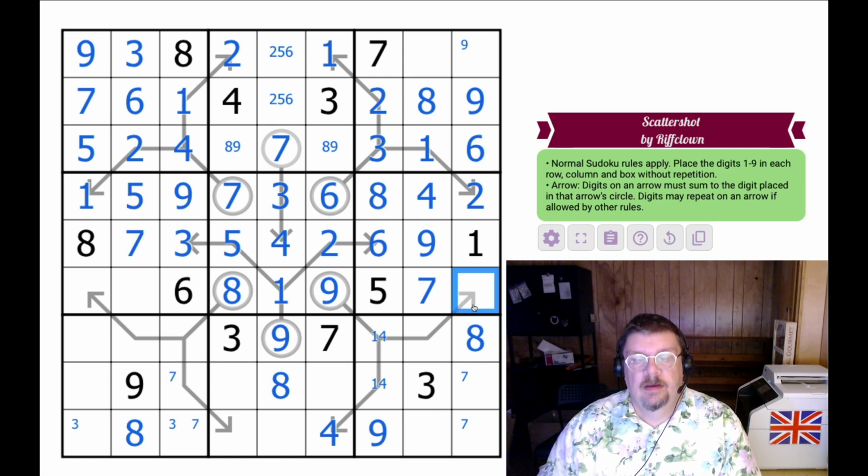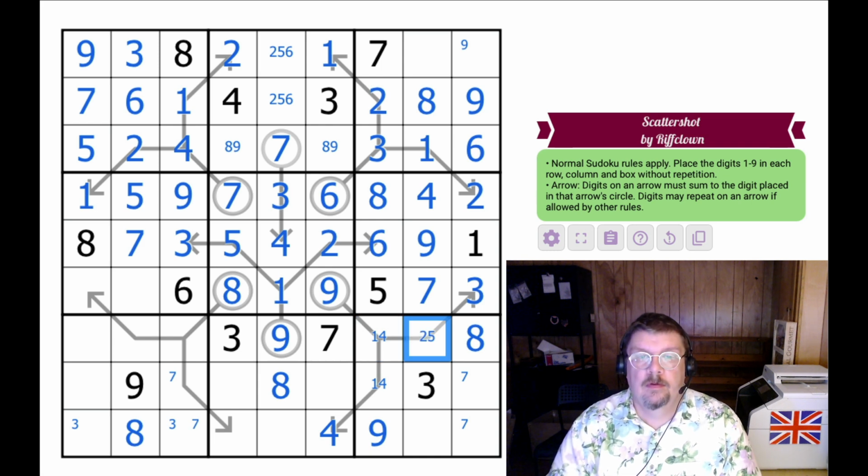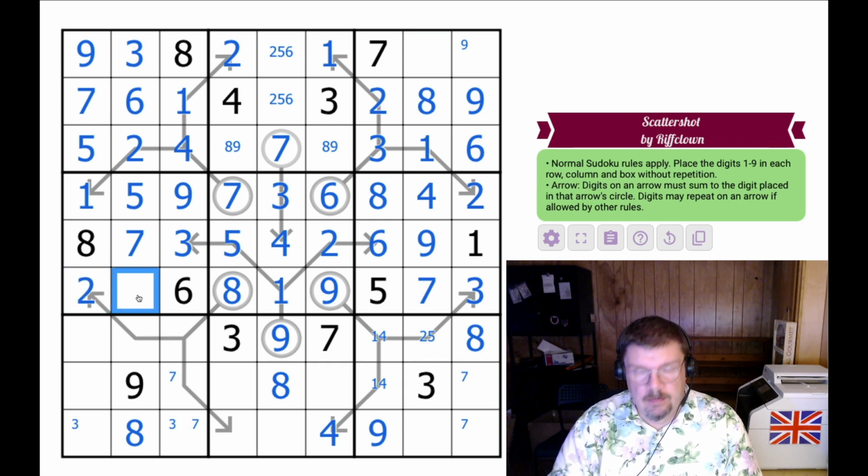This is a 3. So these 2 add up to 6. So 1, 5 or 4, 2. I think both of those options are still available. These 2 digits are 2 and 4, and by Sudoku that's the 2.